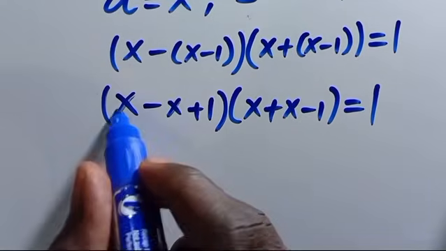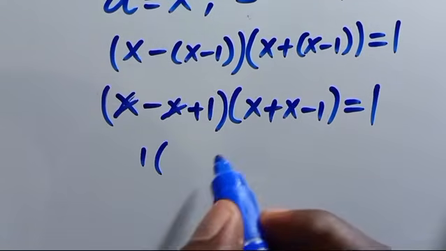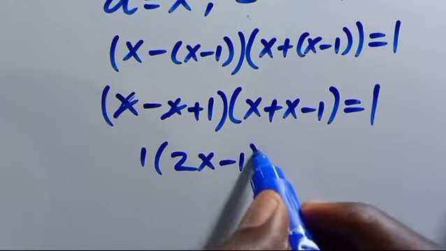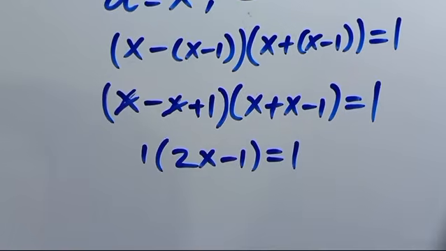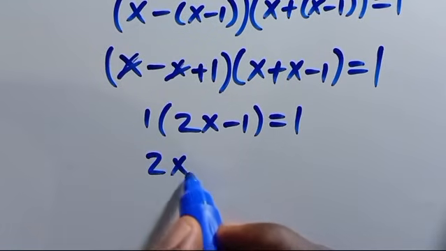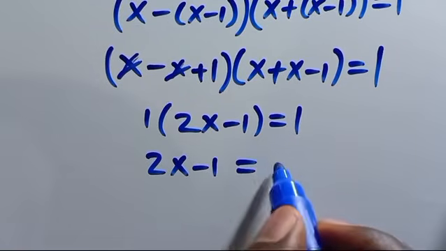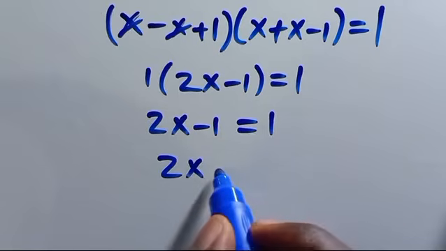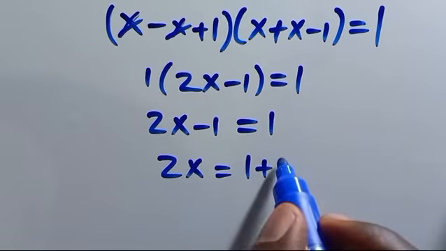So from here, this will cancel out this, we have 1 times x plus x will be 2x, then minus 1 equals 1. When you open the bracket with minus with 1, this will be 2x minus 1 equals 1. And so therefore we have 2x, collecting the like terms, this will be 1 plus 1.